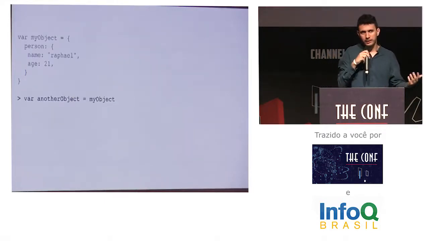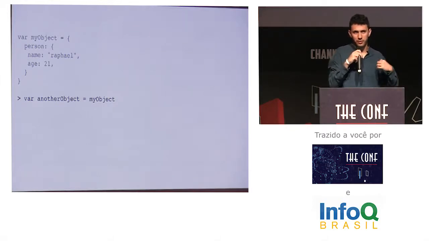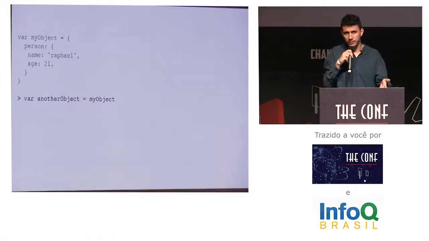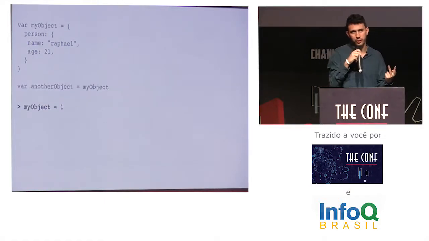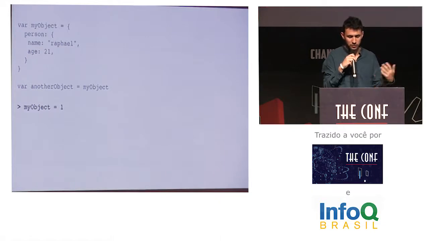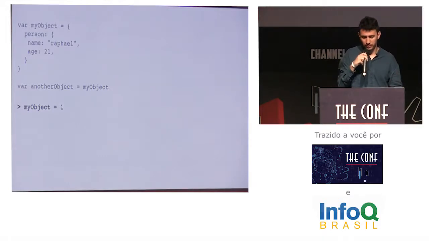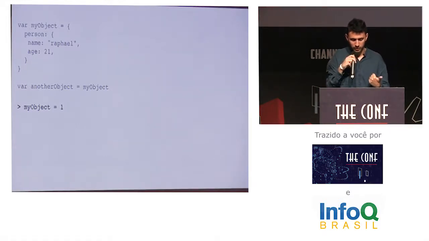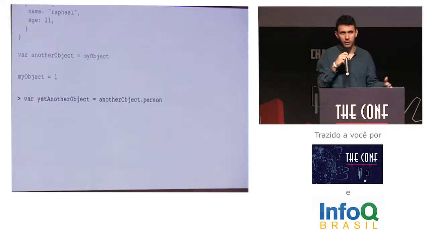But, okay, let's create another object, named another object, which starts to make a reference to my object, the last object created. So it increases the count of references. So we have 2 references now. Then my object starts to refer to a number, we change the value, so it decreases the count of references. However, another object still has the reference to my object, so it cannot be collected.